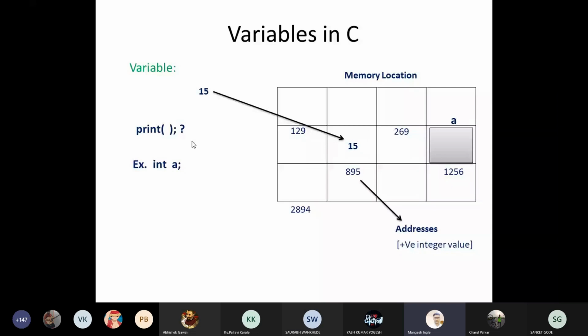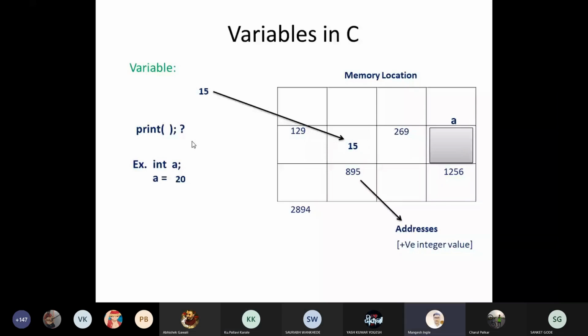Now what is happening here? I want to store the value 20. Just concentrate on the screen. I want to store the value 20 in that particular location. So in that case, what can we use here? We can use the same example, A equals 20.